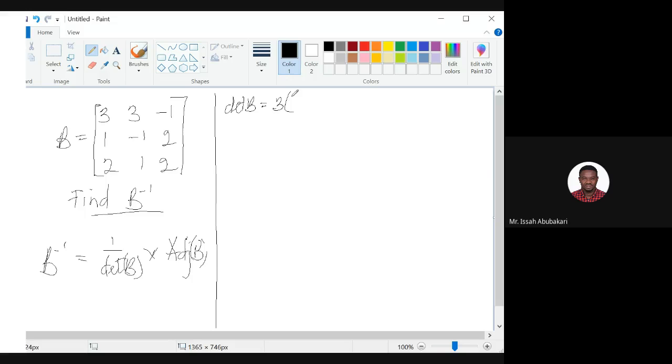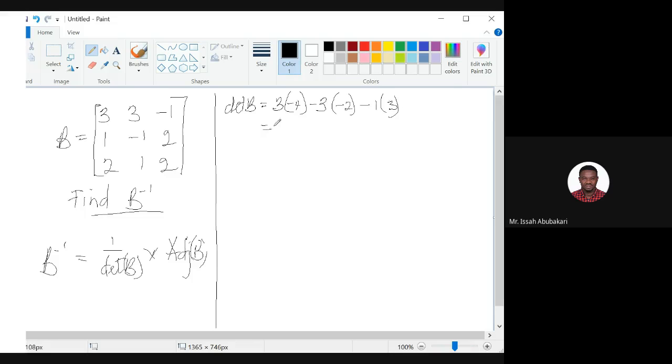That will give us -4. Then -3, we are going to have 1 times 2 is 2, minus 2 times 2, that will give us 4. So 2 minus 4 is -2. Then -1, 1 times 1 is 1, minus 2 times -1. So we have 1 minus -2. That will give us 3.